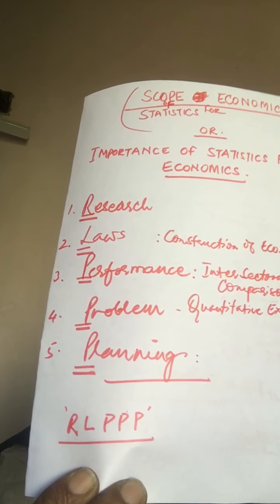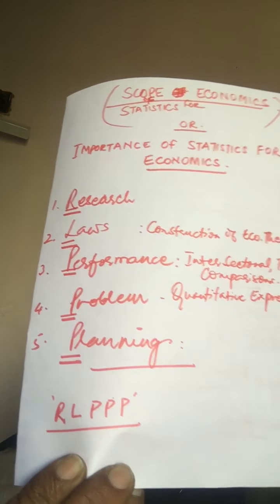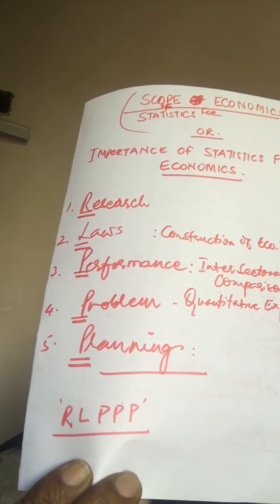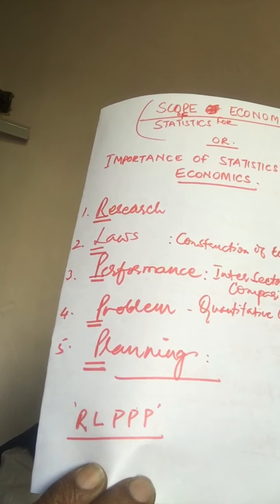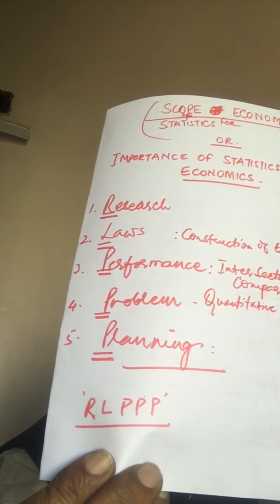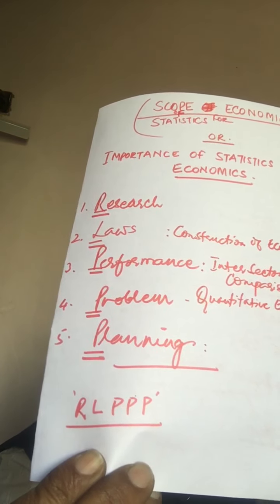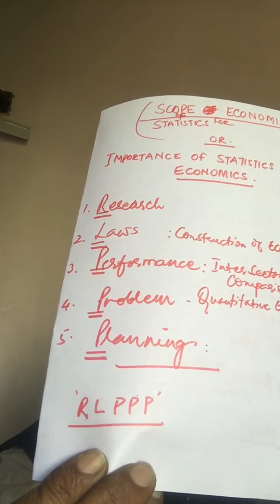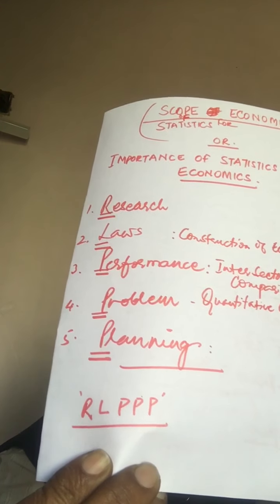With this we can understand the contribution of the various sectors in the economy, say the primary, secondary, and tertiary. So one can make intersectoral and intertemporal comparisons. Intersectoral comparison means comparison across different sectors of the economy. Thus, analyzing the problem of unemployment, economists would like to know the magnitude of unemployment across rural and urban sectors.